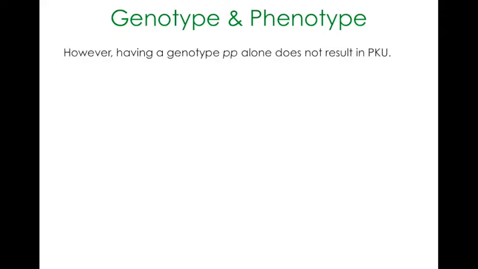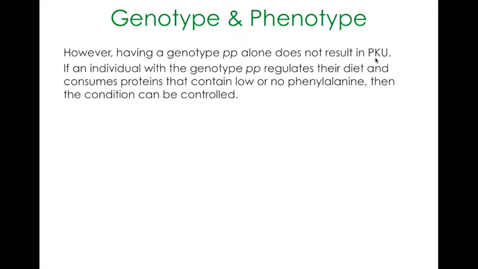Just because you have lowercase p does not mean you're doomed to suffer from PKU. PKU is the phenylketonuria condition in which there is an overbuildup and it results in damage to the brain, okay? If you can regulate your diet and take phenylalanine out of the diet, then you can reduce the effect of the environment, if that makes sense, okay?